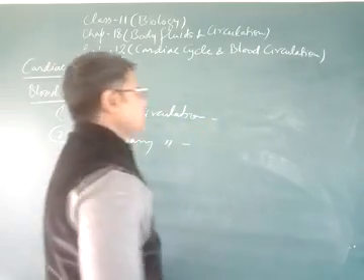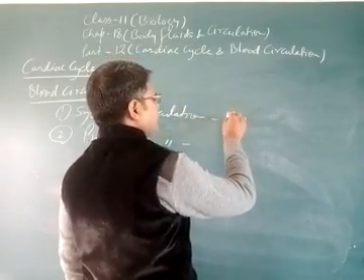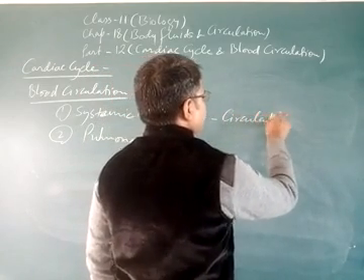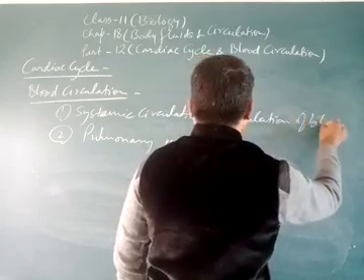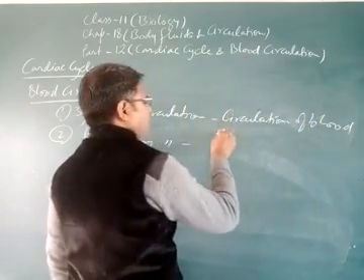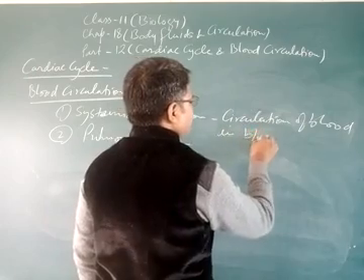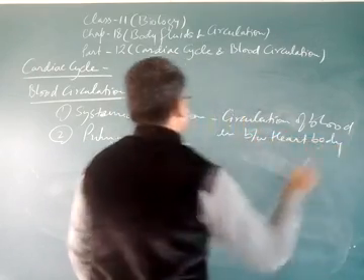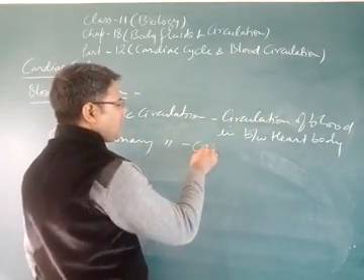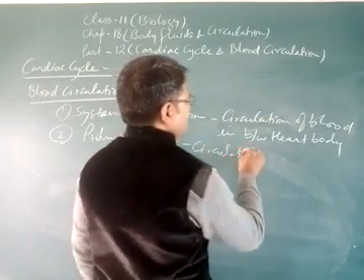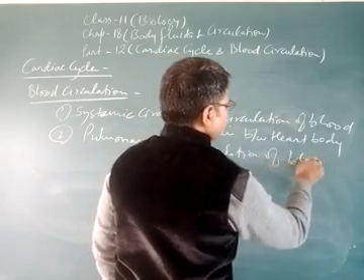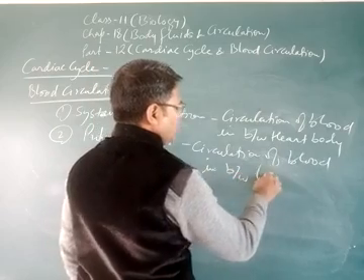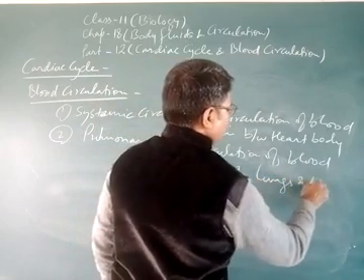Systemic circulation involves circulation of blood between the heart and body, and pulmonary circulation involves circulation of blood between the lungs and heart.